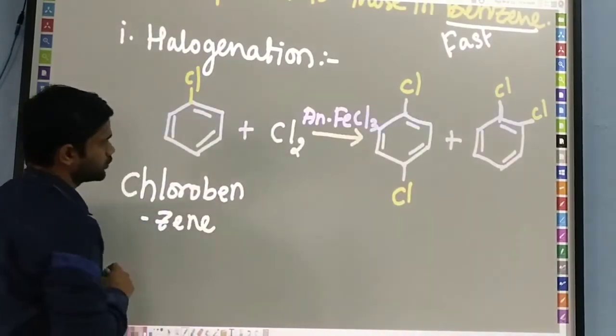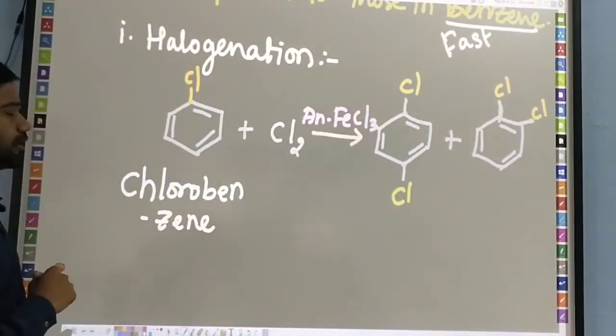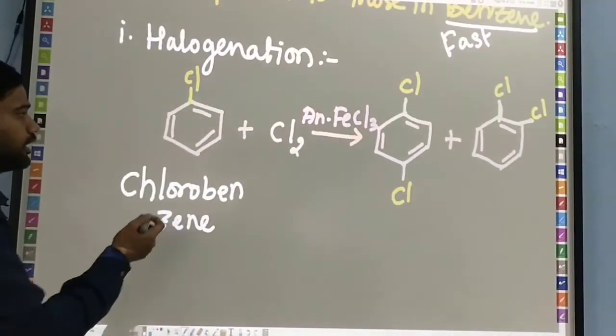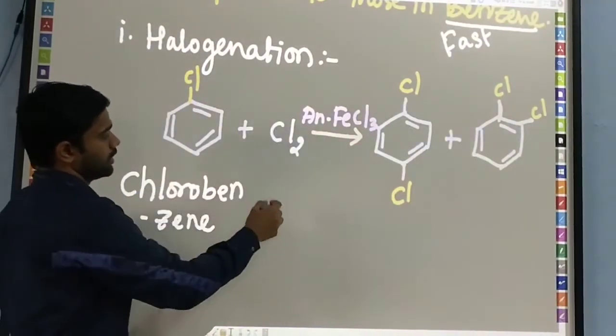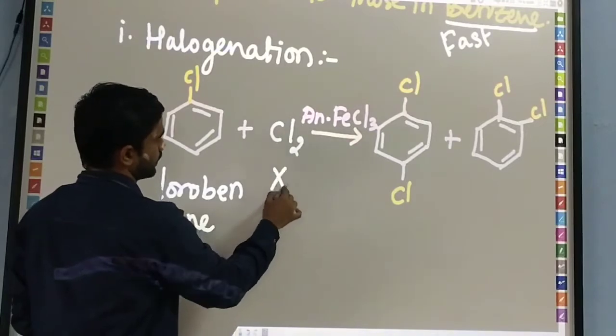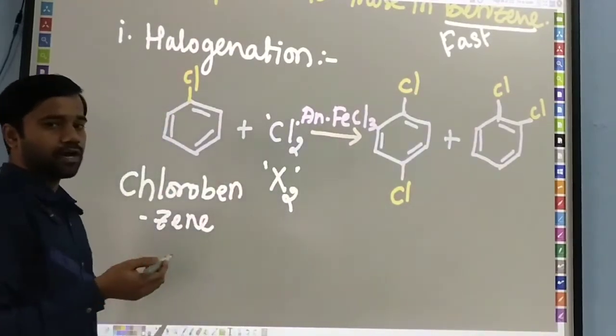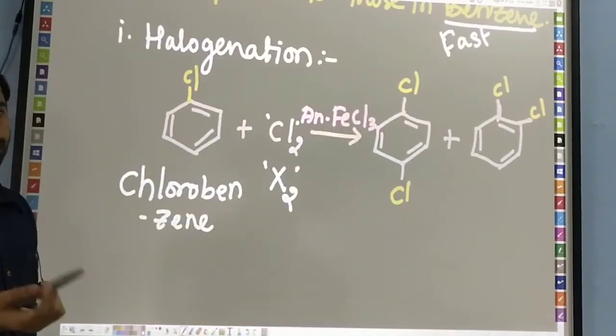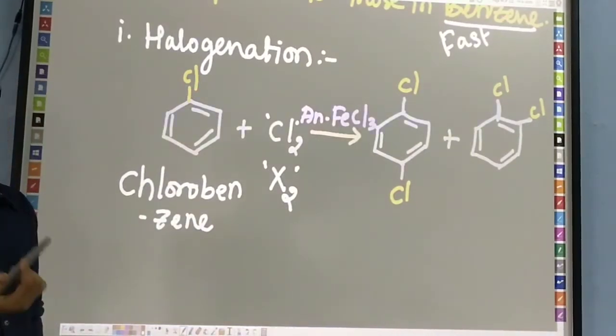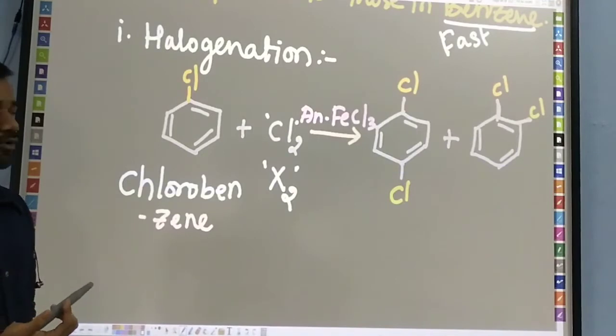In the halogenation case, the halogen-substituted compound is going to react with a halogen. You can take X2, that is Cl2, Br2 or I2, but we are not going to take F2. Why? Because it gives a highly unstable product.